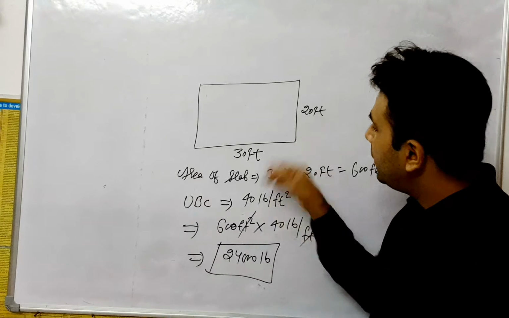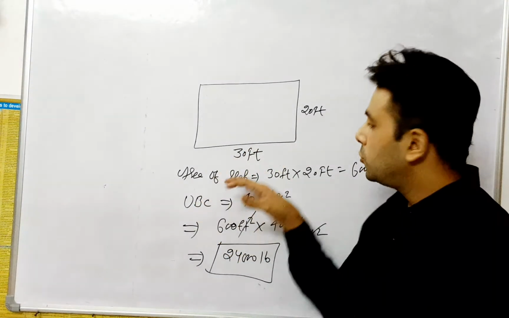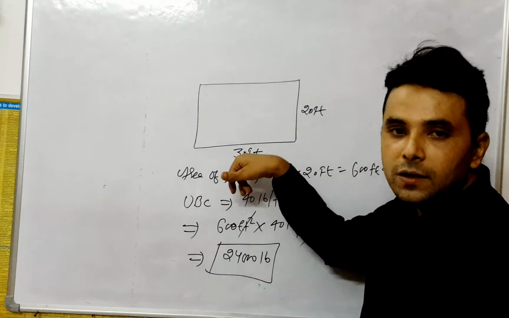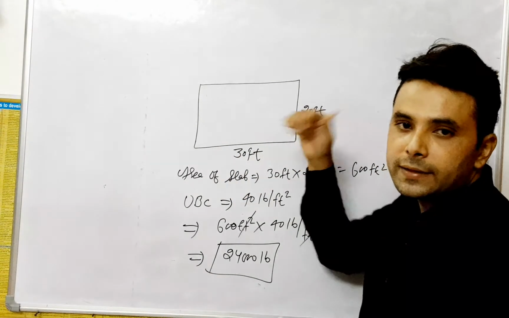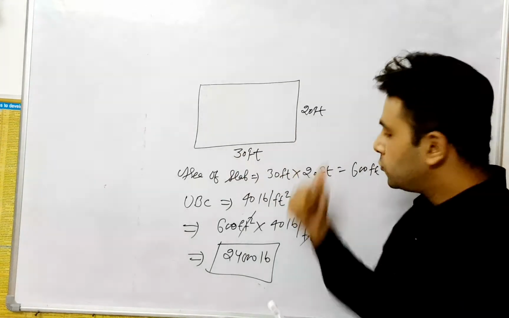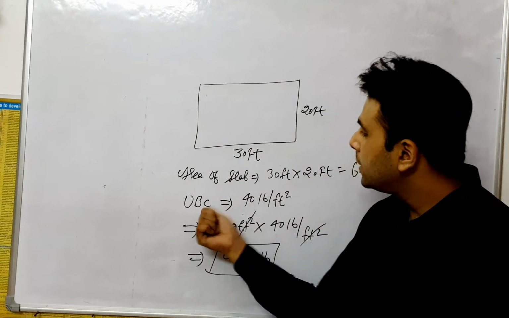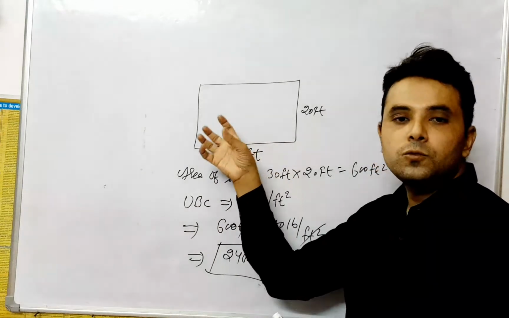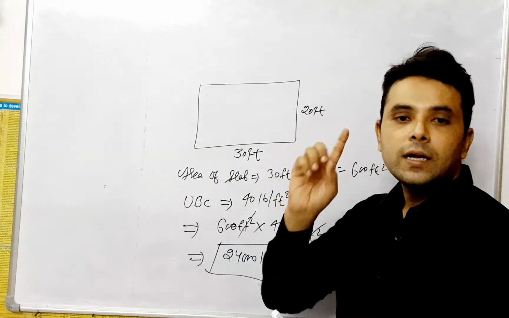If suppose you have to find it in Newton per meter square, you have to convert 30 feet into meter and 20 feet into meter, then apply this. Suppose this is 30 meter and this is 20 meter. In the case of the Uniform Building Code, this is a classroom, so you take Newton per meter square. For a classroom, how much live load? 1900.